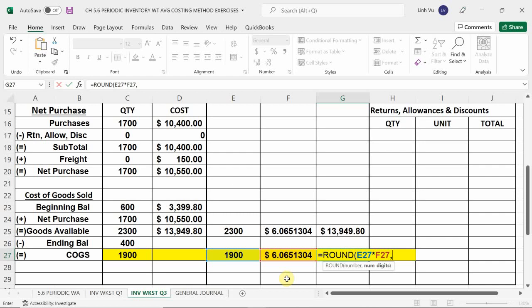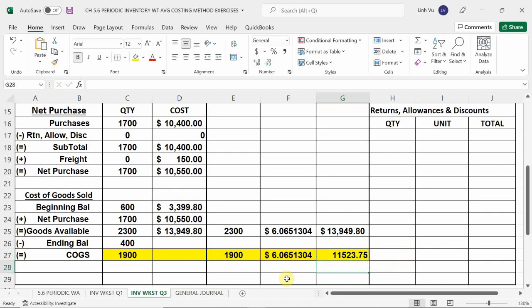I want this to be rounded off to 2 decimal places. So then enter. And I get $11,523.75. Okay. So that is what I sold.